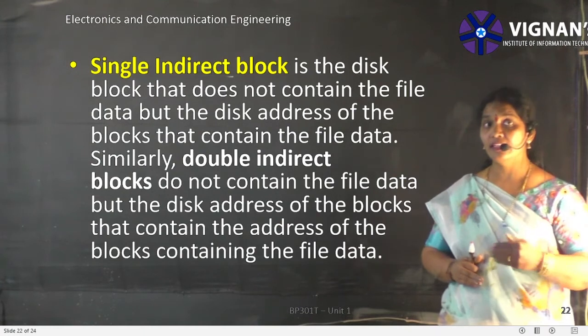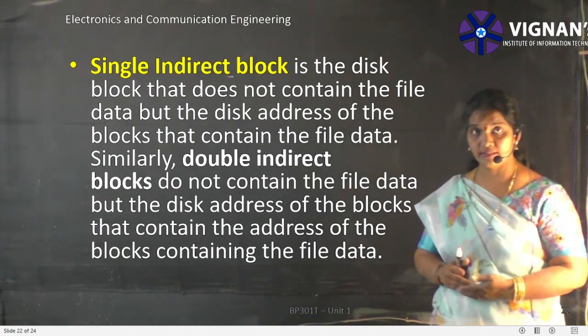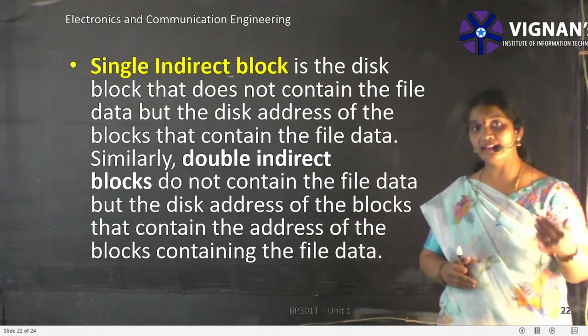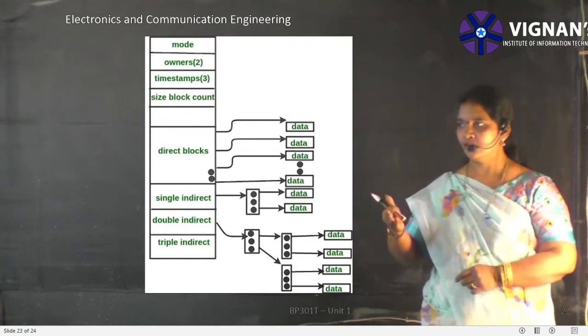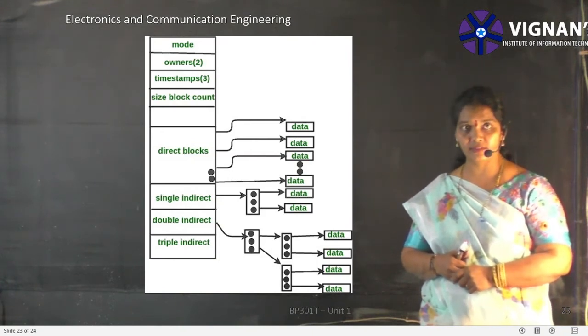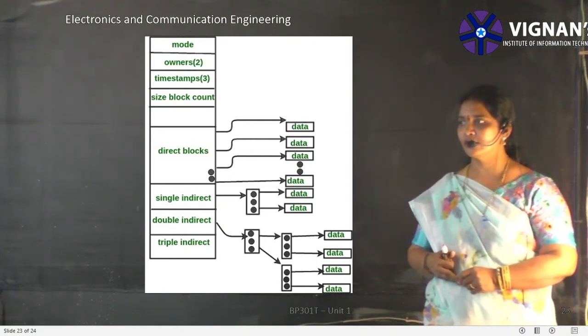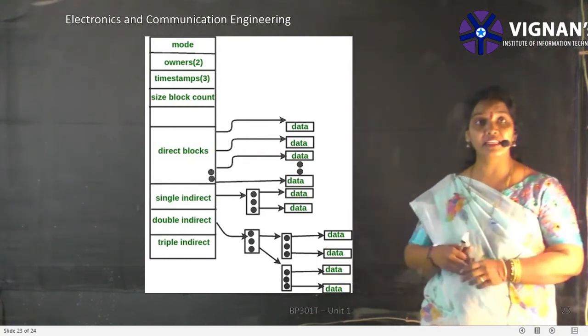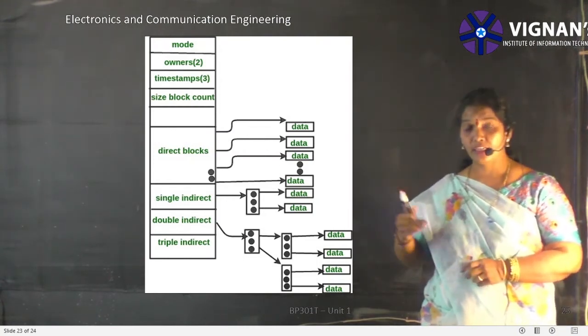So in multiple levels, the disk addresses are stored, and from there the data will be stored. As we have discussed, the figure shows single indirect, double indirect.